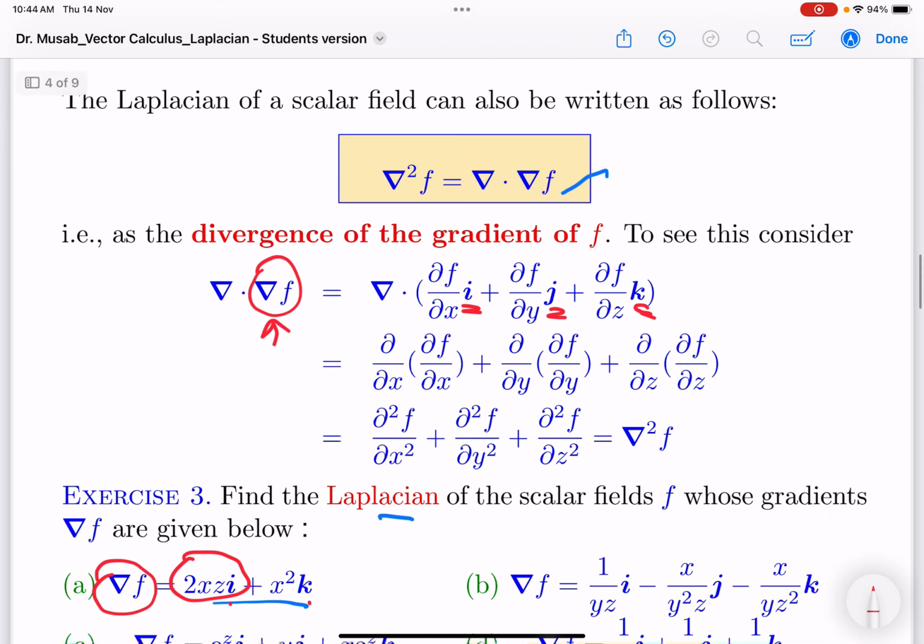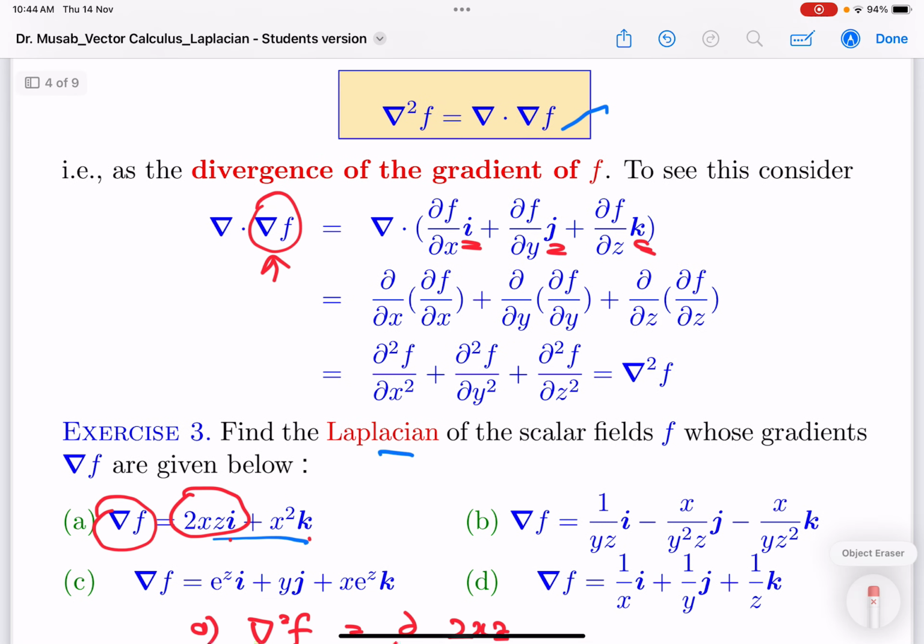So for the i component, we only consider the x partial derivative, and the k component we assign to the z component of the equation.